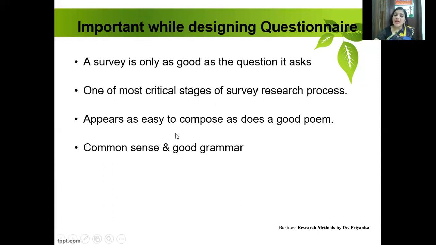Then it appears as easy to compose as does a good poem. It really seems like that it is very easy to compose. No, it's not that easy, but it's not very difficult as well. You just need to take care of a few things. You need to use your common sense, and grammar should be good.